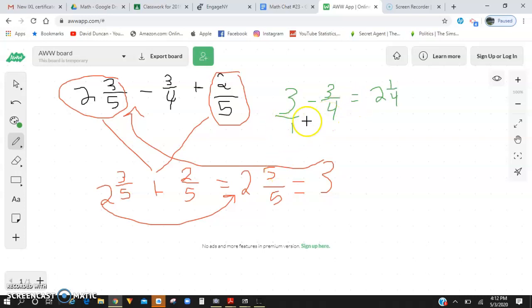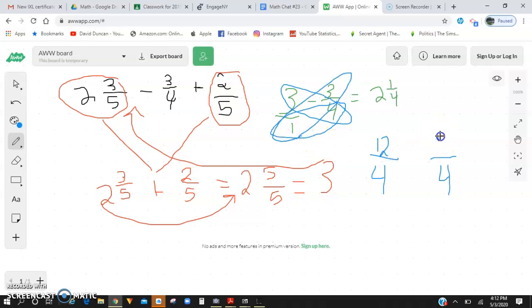Now I can do the butterfly method to solve these out, and that would start us off by multiplying the butt of our butterfly. So 1 times 4 is going to get me 4. Then I'm going to do my right wing, which is 3 times 4 is 12. My left wing, 3 times 1 is 3. The body of my butterfly is telling me to subtract those. My denominator is going to be 4. And 12 minus 3 is 9.